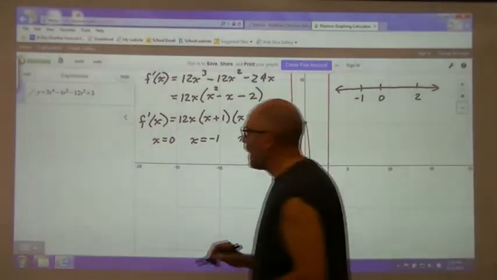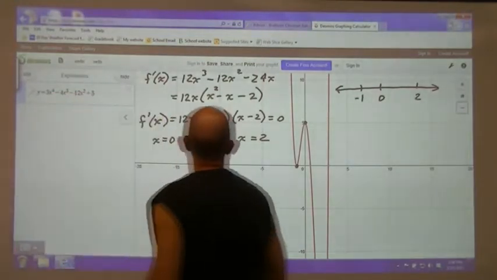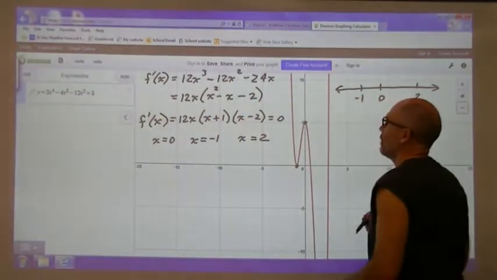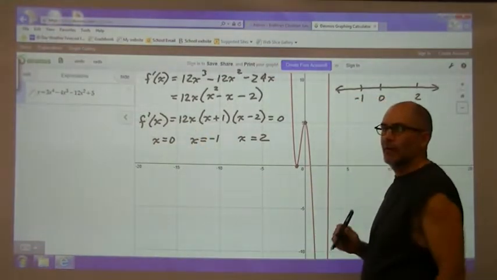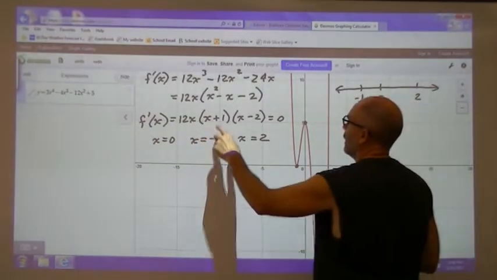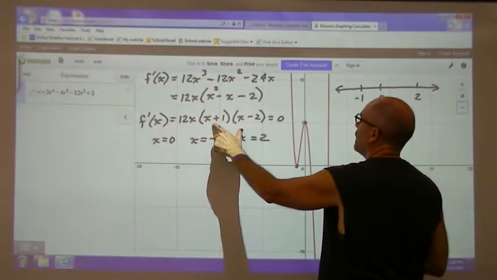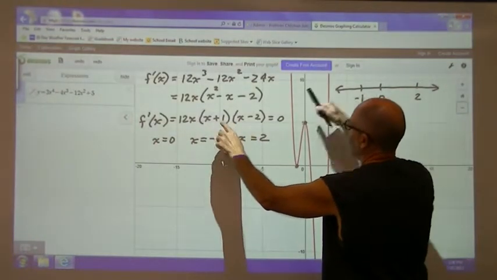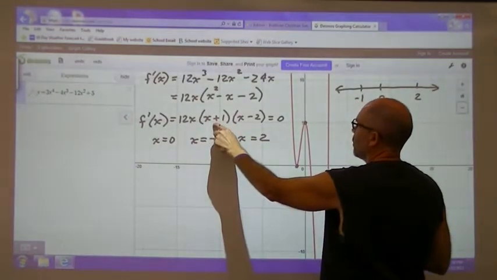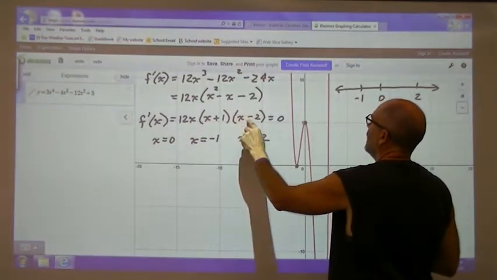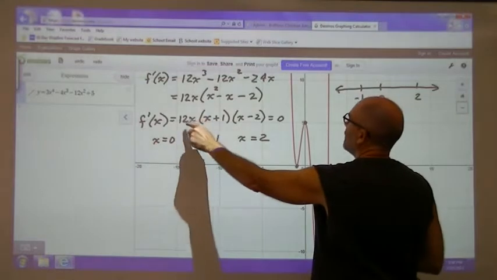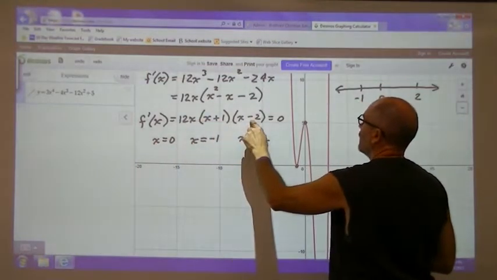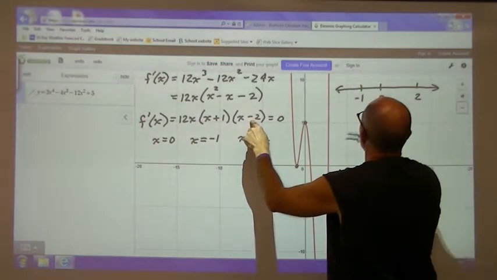Well, if I put in some number that's less than negative 1, then what's 12 times that number? It's a negative number. Negative 1 plus 1, or some number that's left of negative 1, plus 1 will be negative also. And that number minus 2 will be even more negative. So notice I have negative times negative times negative, which is negative.